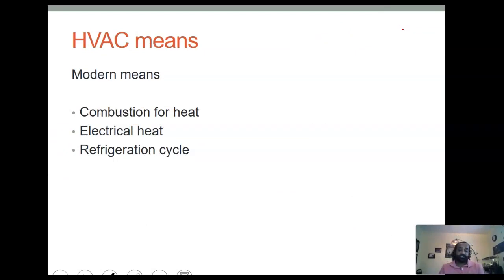So again, since this is the first chapter, we'll talk about all these things later in the semester. But how do we control all that? Given the human comfort, given the need for heating and cooling in a house, what are our means to make heat?